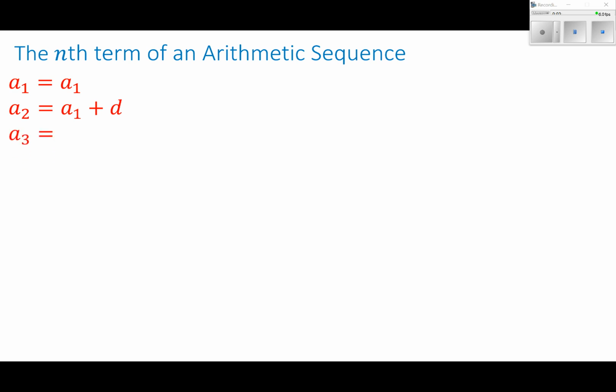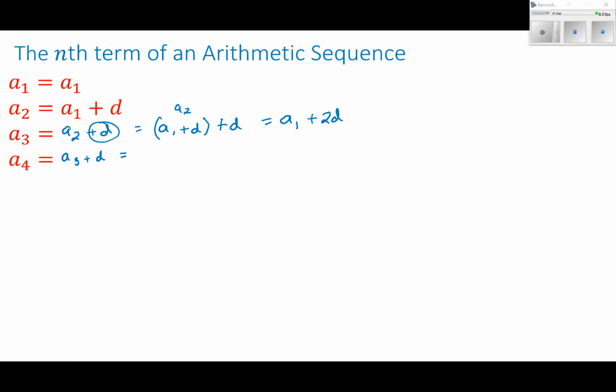If I wanted to find the third term, well, this is a sub 2 plus my common difference. Well, I know a sub 2 is really going to be a sub 1 plus d, that is a sub 2, plus d again to represent this plus d. So I can think of this, a sub 1 plus d plus d, is a sub 1 plus 2d. If I wanted to find the fourth term, well, that would be a sub 3 plus d.